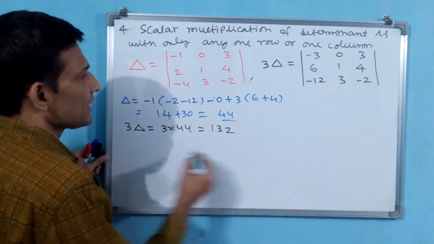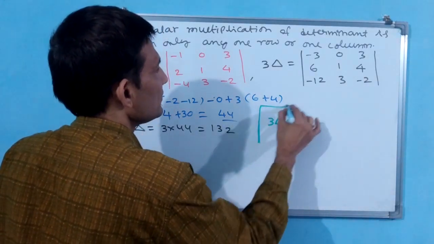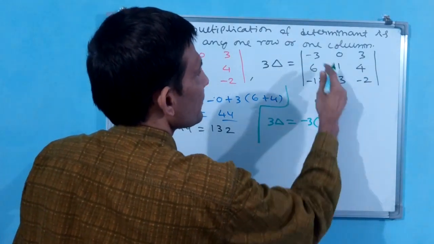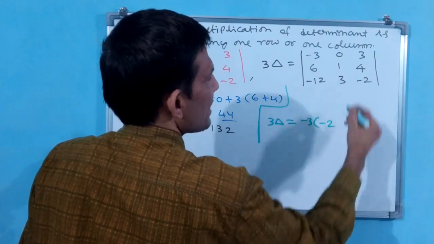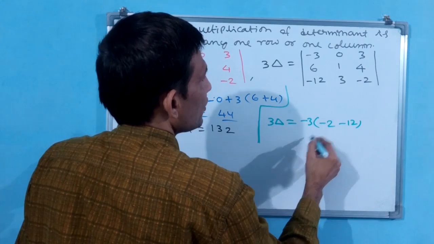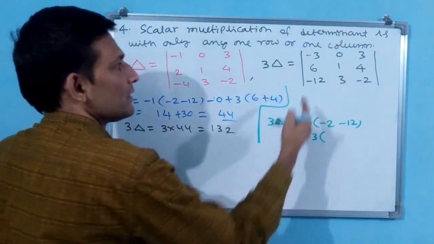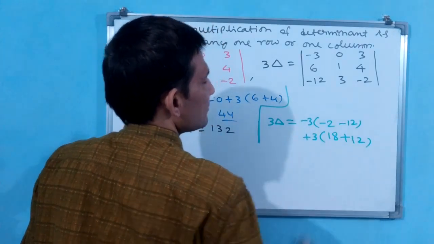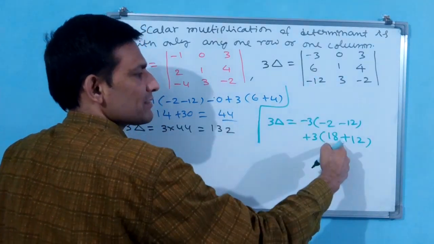Let us do 3 delta directly. 3 delta is equal to minus 3 into minus 2, because here minus is there, minus 12. 0 you need not take, you take plus 3 directly. 6 into 3, 18, minus 12, minus of minus 12 plus 12.